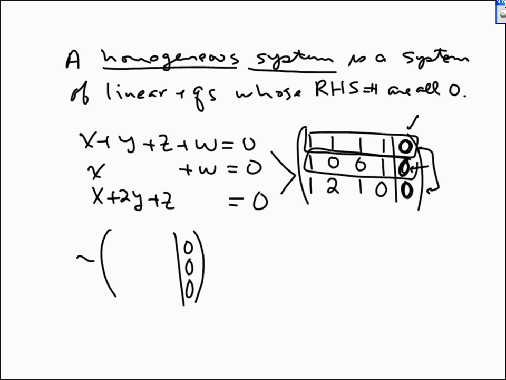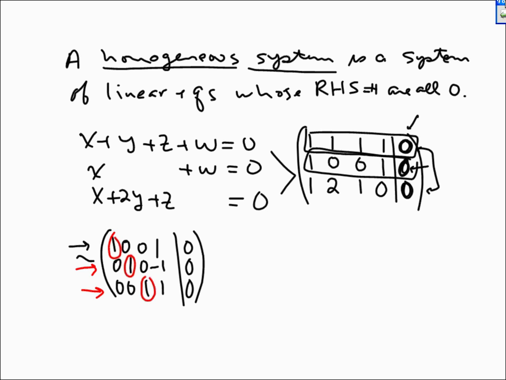If you were to reduce this, which I actually worked out, I just don't want to formally do it again, you get this. Row 1 has a leading 1. Row 2 has a leading 1. Row 3 has a leading 1. Okay? Now, the leading 1 in row 1 does not have to be in column 1.